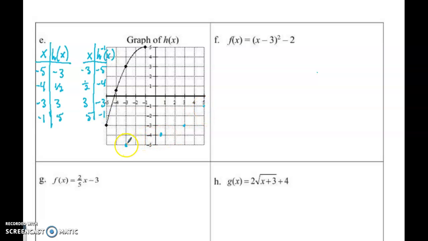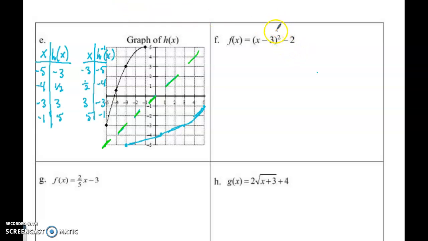But just like what I mentioned before, as you connect your dots, this will be a reflection over that diagonal line y equals x. And we usually put those dashed lines in there, so you know it's not part of the graph, but that there's a relationship there, and that's why we have it.